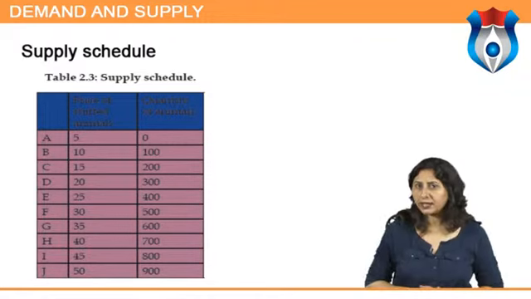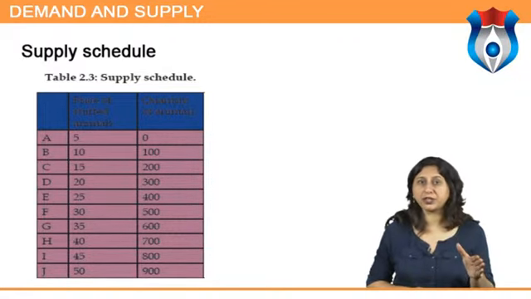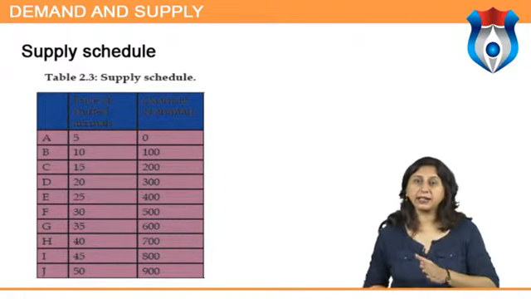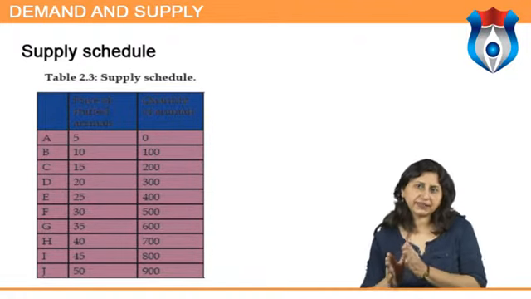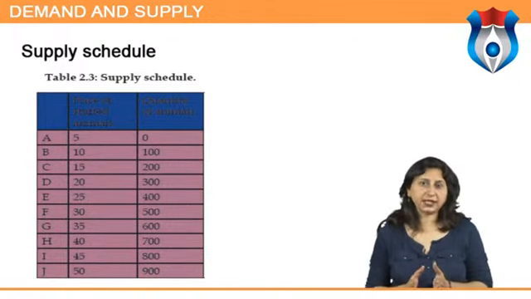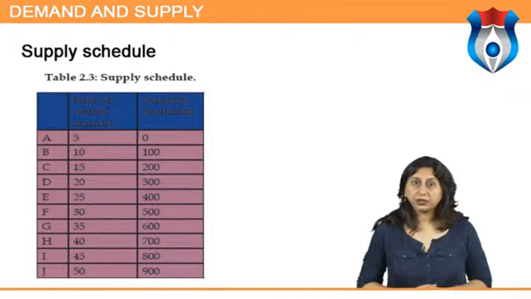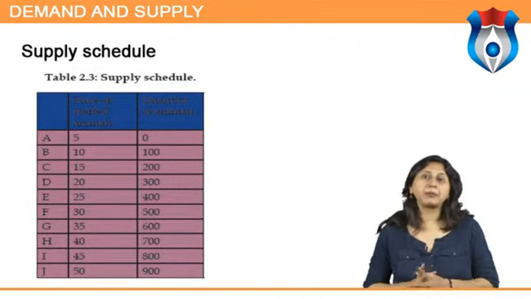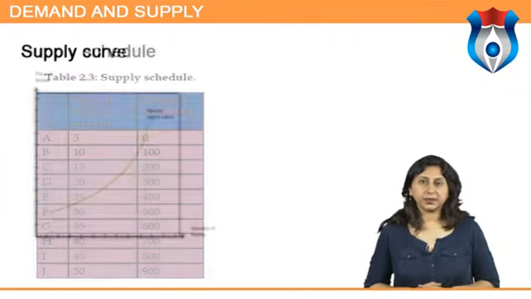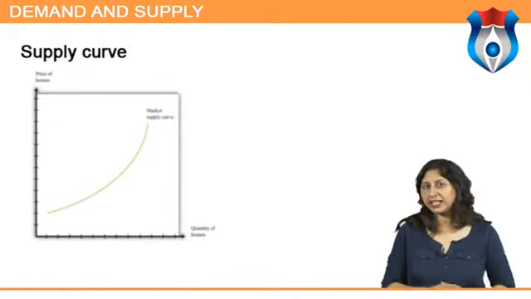In contrast, quantity supplied is any specific number of yellow tarantulas sellers are willing and able to sell at a specific supply price. Selecting a different price generates a different quantity supplied. Fourth, these numbers are hypothetical. With the help of the supply schedule, we can plot our supply curve.